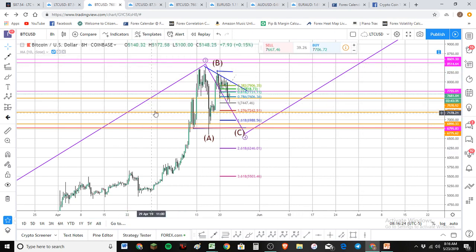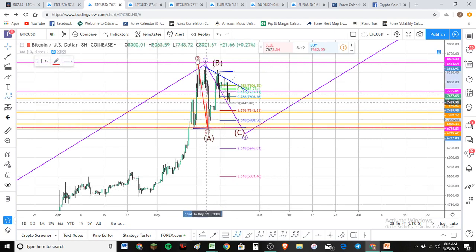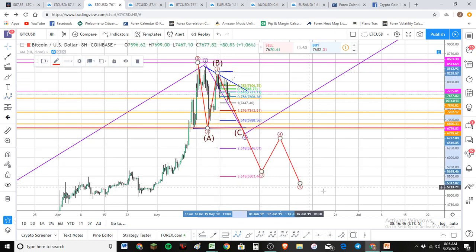Now, if this major wave is complete, then this more than likely would start a larger ABC, which would mean the A wave would be comprised of 5 waves. So we would be going 1, 2, 3, 4, 5, and that would just be the A wave.